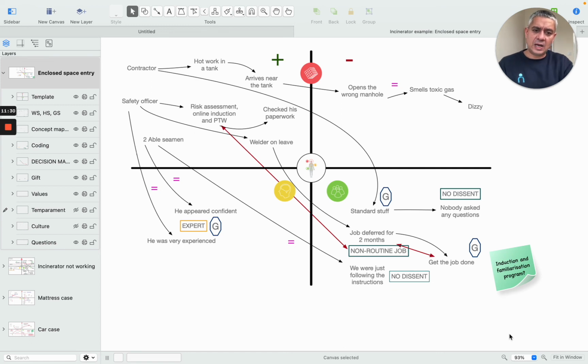And people who are assigned to help him are just following him. So there is something not right with the culture of this rig, of this space. And unless we get the culture right, unless we make the induction and familiarization program really work, nothing is going to change. Tomorrow another contractor will come, he will have the same issue. Maybe something worse might happen because this rig does not have a culture where induction and familiarization is taken seriously by people.